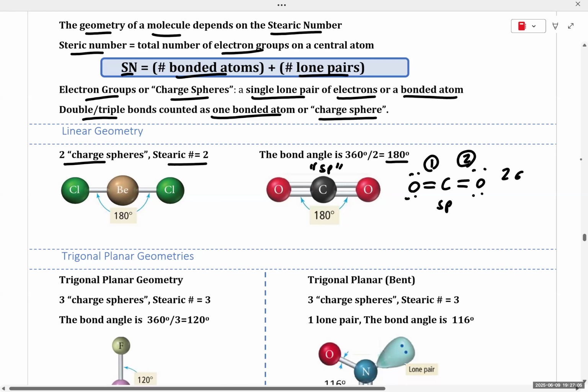This carbon is sp hybridized, and to maximize the distance between these bonding electrons, if we have a circle, which is 360 degrees, and we want to get the maximum distance between 2 points on the circle, we just divide by 2, and this gives us a bond angle of 180 degrees. That's the maximum separation between our bonding electrons.